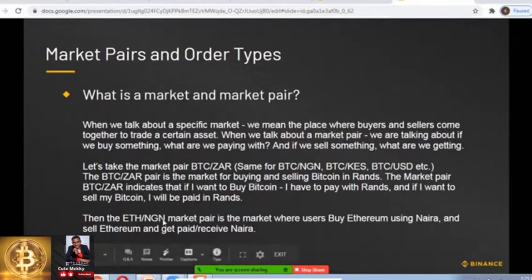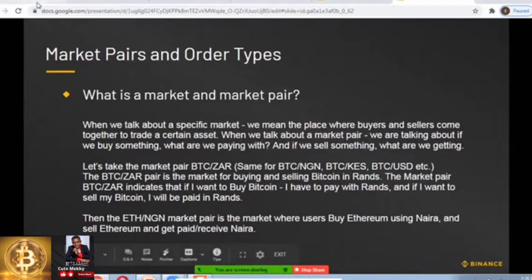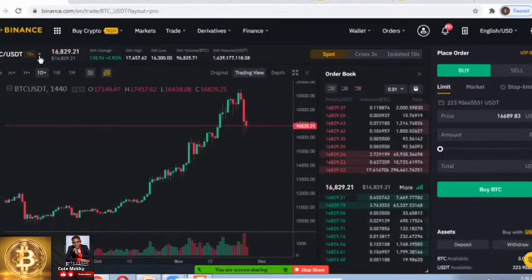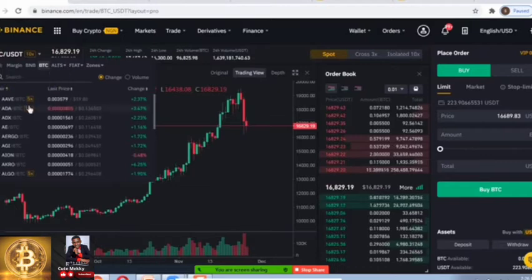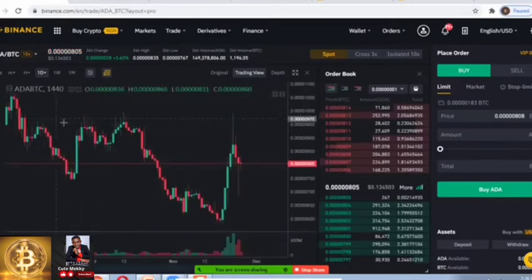The same thing with ETH NGN. Users buy Ethereum with Naira, and you can sell Ethereum and be paid in Naira as well. So you can actually change this. If you go to market, I can change this chart to BTC ADA, which is BTC Cardano.